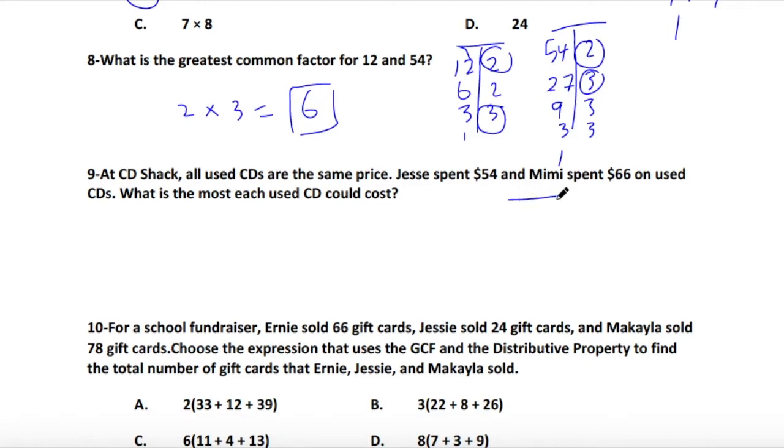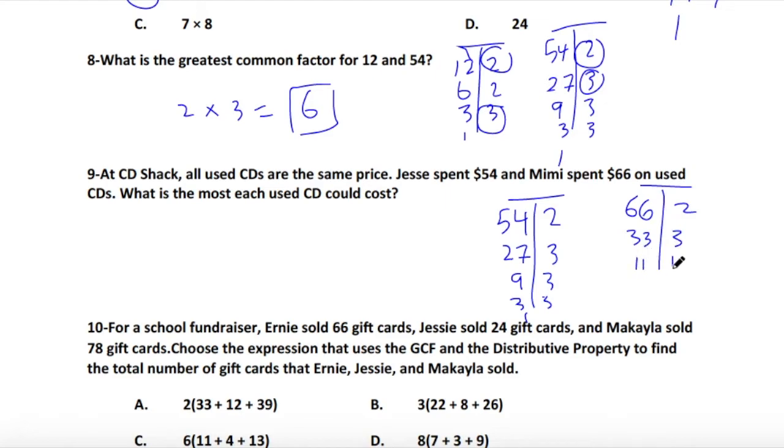So we have to factorize both 54 and 66. So 54 divided by 2 equals 27, divided by 3 equals 9, divided by 3 equals 3, divided by 3 equals 1. And here 66 divided by 2 equals 33, divided by 3 equals 11, divided by 11 equals 1. So 2 and 3 are common, so it will be 2 times 3 equals $6.